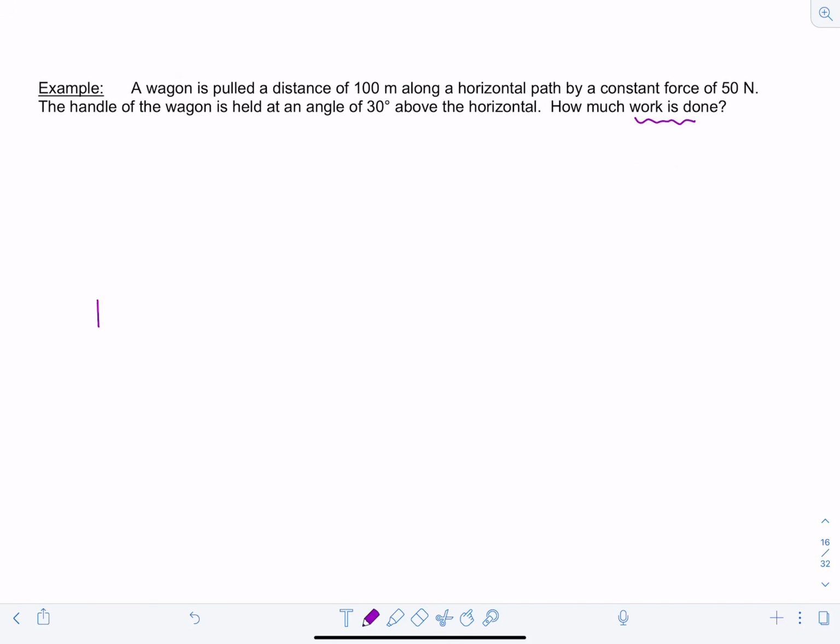So here is our wagon, okay? And then this is our horizontal. And the handle is held at an angle of 30 degrees above the horizontal. So this is a 30-degree angle here. And the force that's being applied is 50 newtons. And it's pulled a distance of 100 meters.